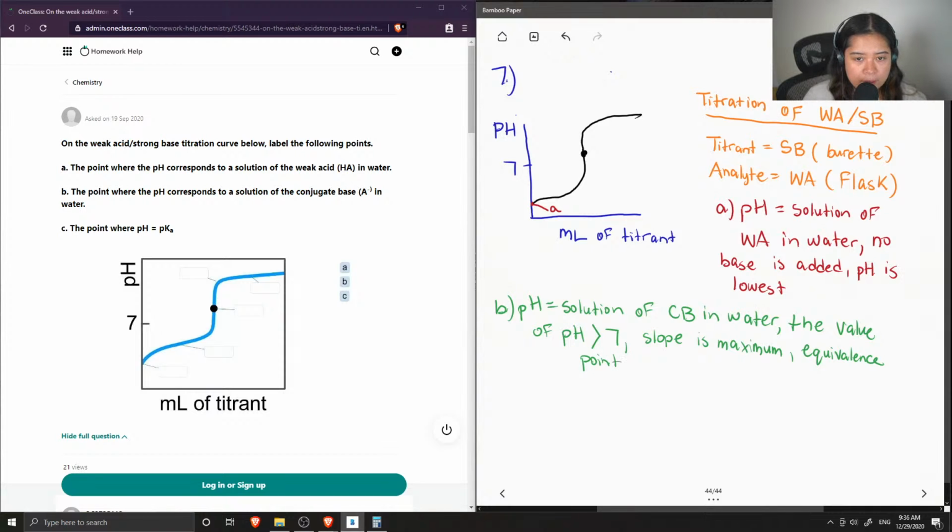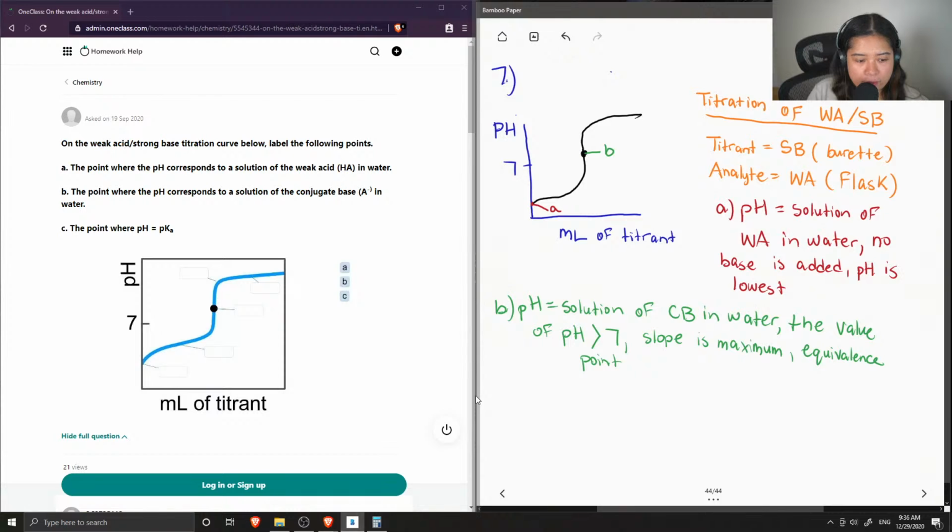So the minute the titrant completely titrates the analyte, then we have a solution of the conjugate base in water. So this can also be shown on the graph as the equivalence point, which is in the middle.